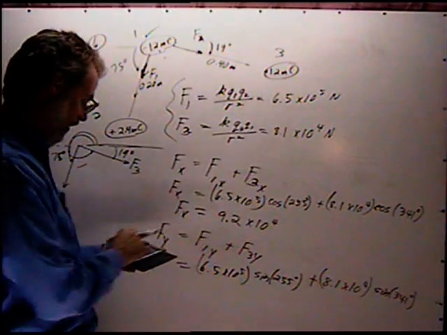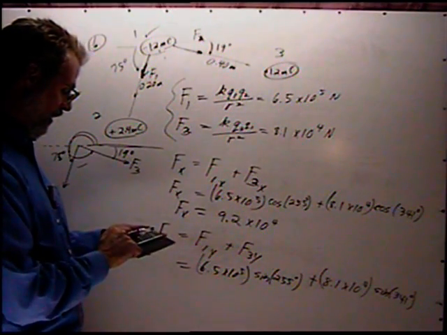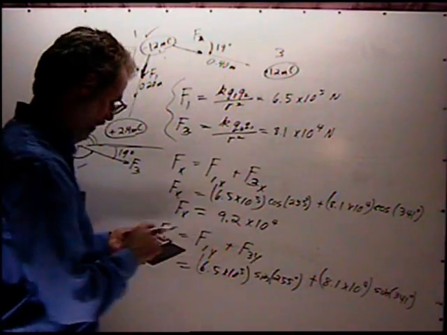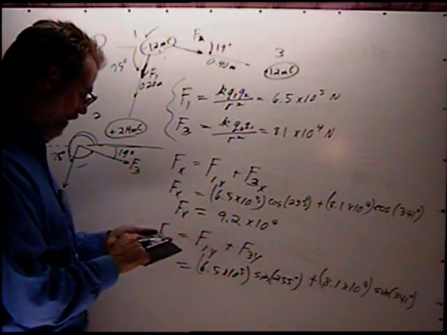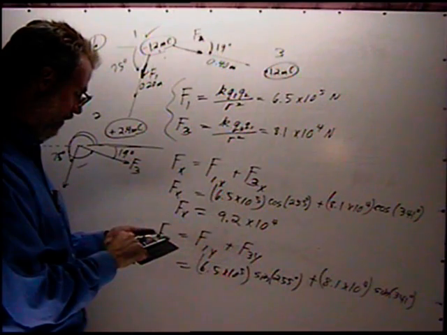So let me calculate that. 255 times the sine of that times 6.5 e to the fifth.